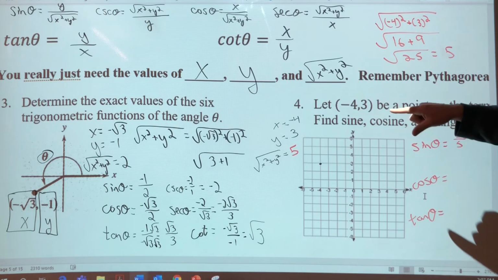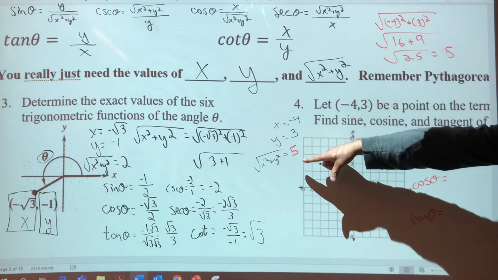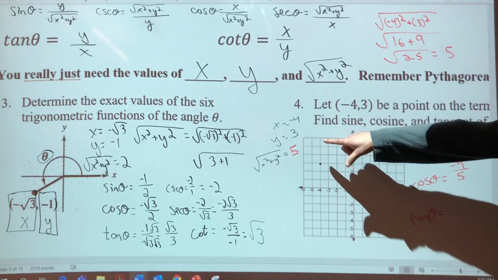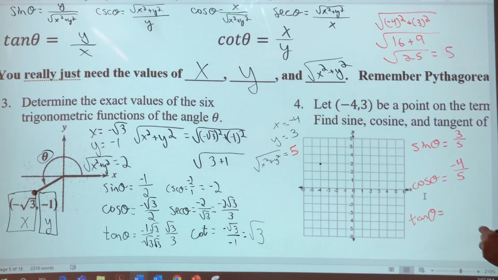Cosine is x over the square root of x squared plus y squared, so negative 4 over 5. And the tangent is y over x, so 3 divided by negative 4. But we always write that negative either in the top or out front, so negative 3 fourths.